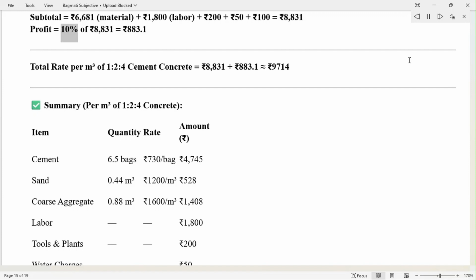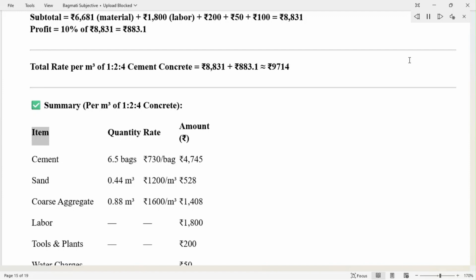Profit equals 10% of 8,831 equals 883.1 rupees. Total rate per m³ of 1:2:4 cement concrete equals 8,831 plus 883.1 equals 9,714 rupees.